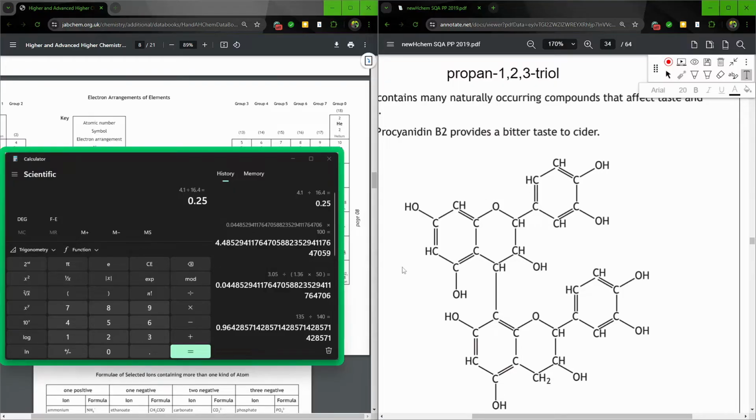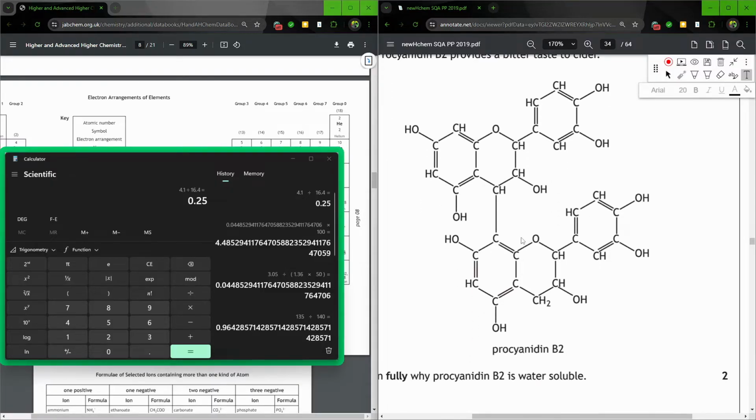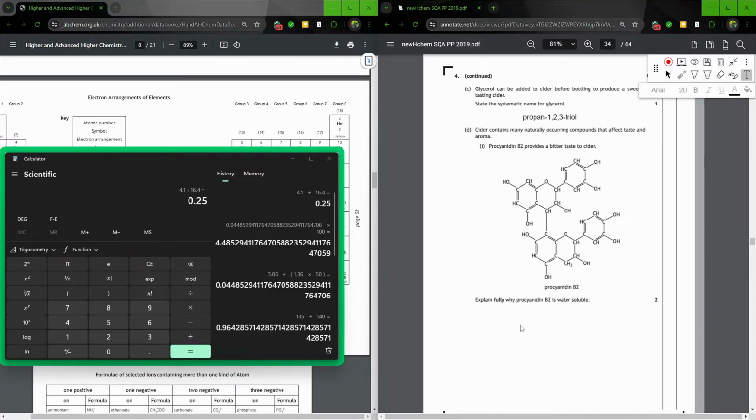And you've got it in spades here, because of all these hydroxyl groups. You can form hydrogen bonds, and it's also polar. So all you need to say is that since it can form hydrogen bonds and is a polar molecule, it's a lot more soluble in water.